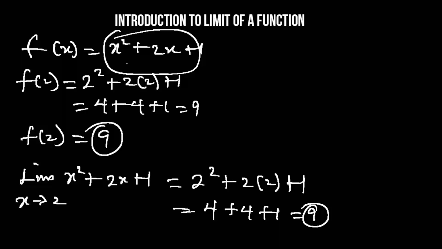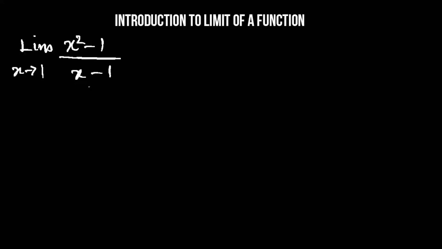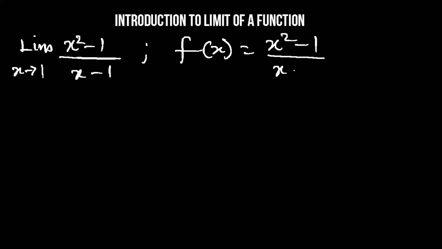Now, for us to understand what I'm talking about, let's look at this particular function here. If I'm given the limit of x squared minus 1 all over x minus 1 as x tends to 1, and I'm given this same function f of x equals x squared minus 1 divided by x minus 1.